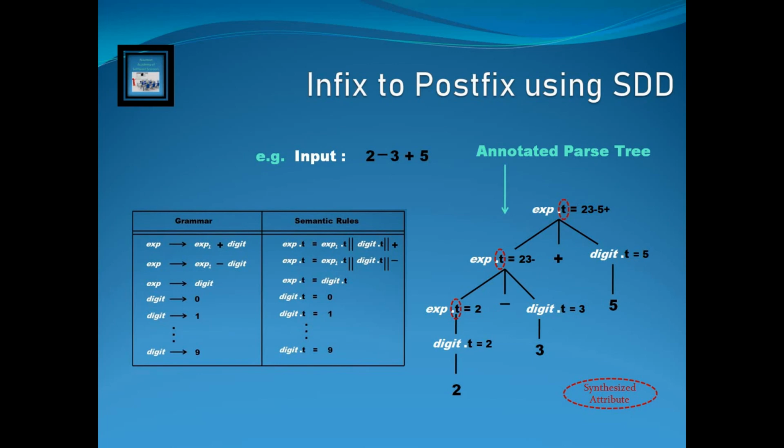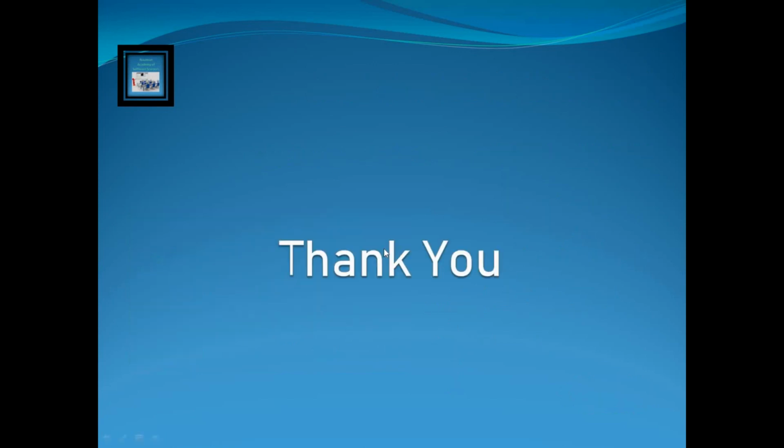Within this parse tree, those attributes whose values cannot be computed unless the values of their children are computed are called synthesized attributes. So this is the concept of our first technique of syntax directed translation, and that is syntax directed definition. Thank you.